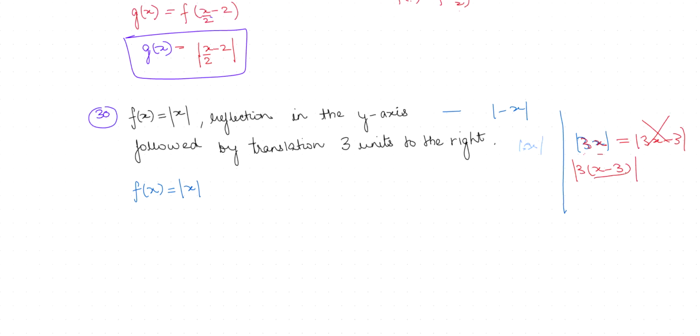So in this case, g of x would be, first we do minus x, which is f of minus x, and then we move it 3 units.